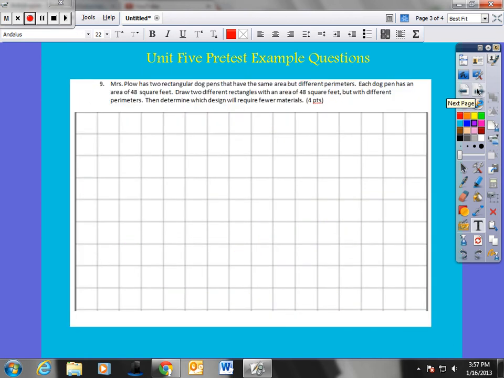Last one. Mrs. Plow has 2 rectangular dog pens that have the same area but different perimeters. Each dog pen has an area of 48 square feet. Draw 2 different rectangles with an area of 48 square feet, but with different perimeters. Then determine which design will require fewer materials. So, go back in here.